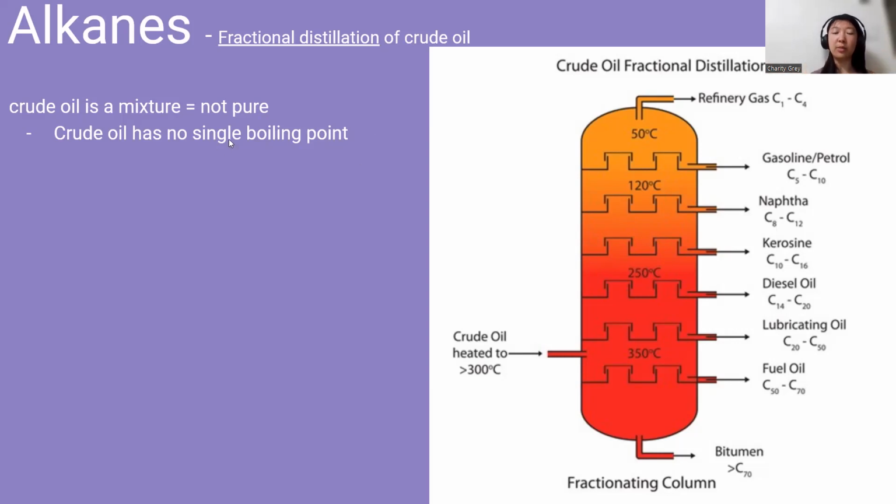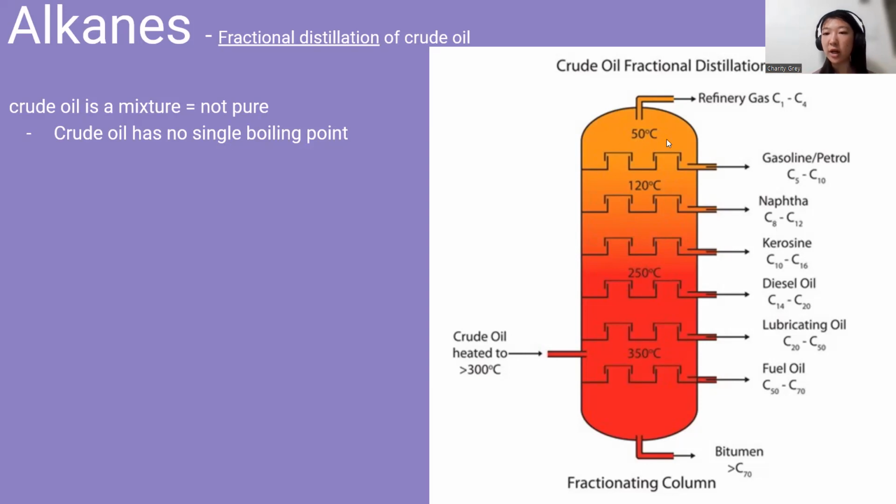When you boil water, because water is usually pure, H2O has one temperature where it transitions from liquid to gas. But crude oil is different. Everything in crude oil has different numbers of carbons. As you can see, hydrocarbons with carbon chains of 1 to 4 turn into gas at 50 degrees Celsius.